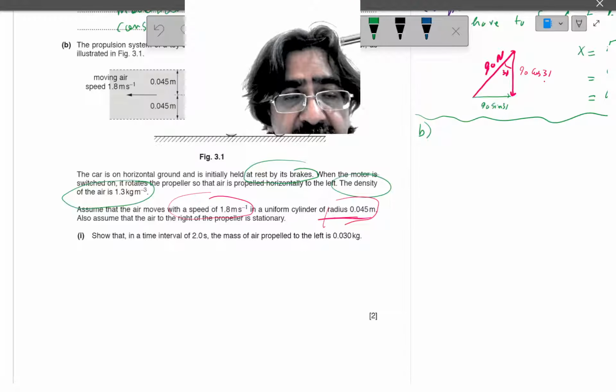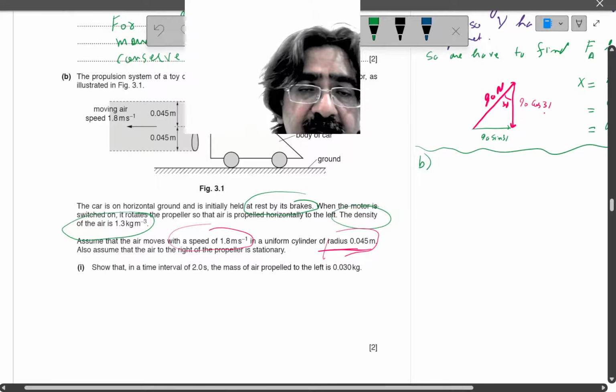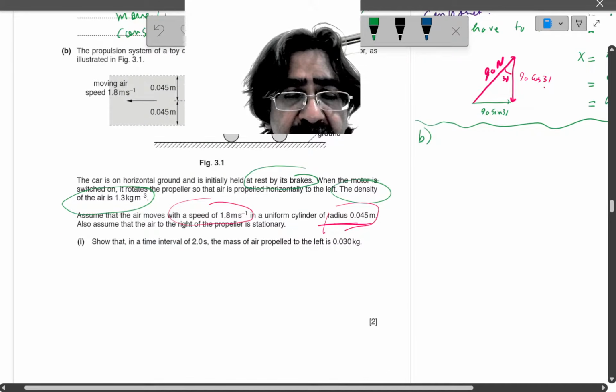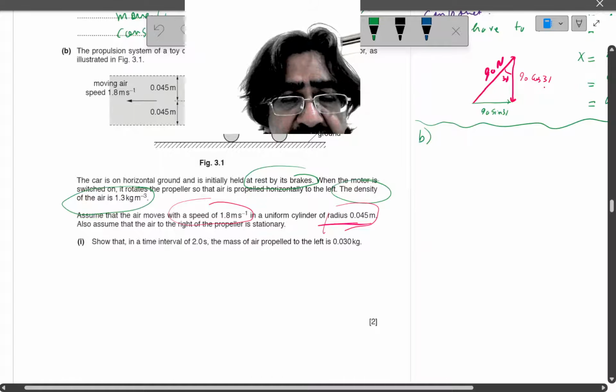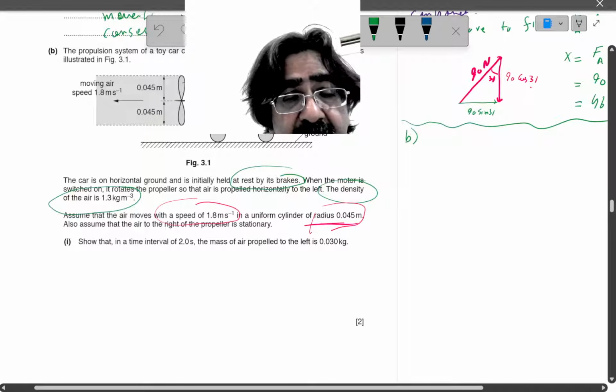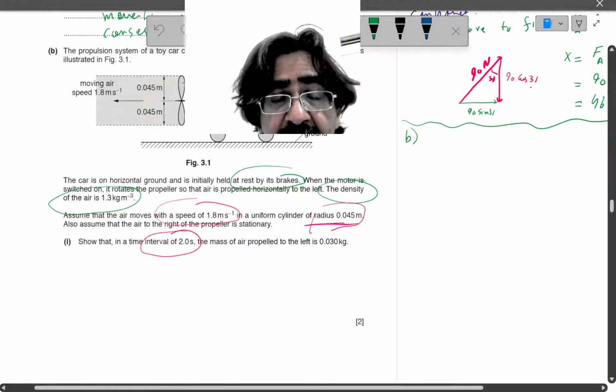Also assume that the air to the right of the fan is stationary, I mean there is no speed. Show that in the time interval of 0.2 second, and that is very important.